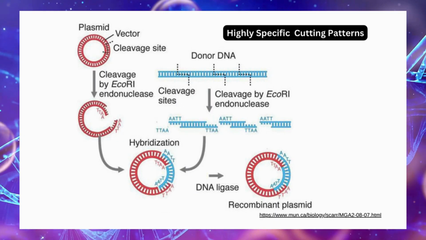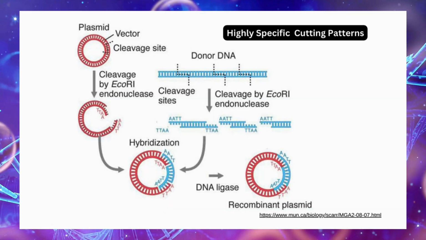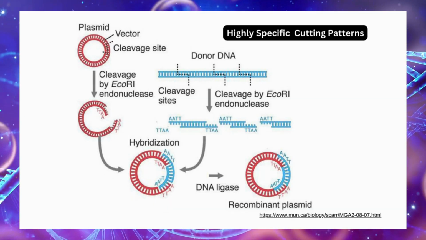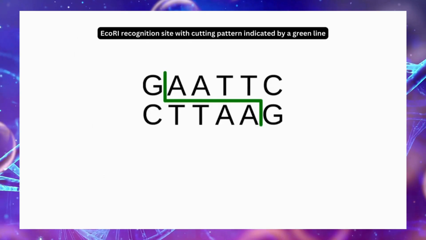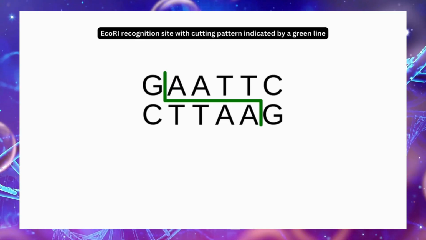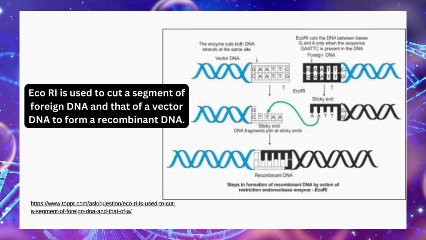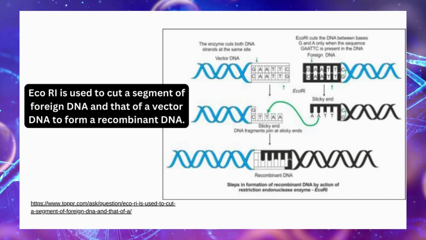It cuts double-stranded DNA at a specific sequence of bases at the cleavage site. A gap is introduced at which a piece of foreign DNA with the complementary bases can be placed. The single-stranded but complementary ends of the two DNA molecules are called sticky ends. They therefore facilitate the insertion of foreign DNA into vector DNA.